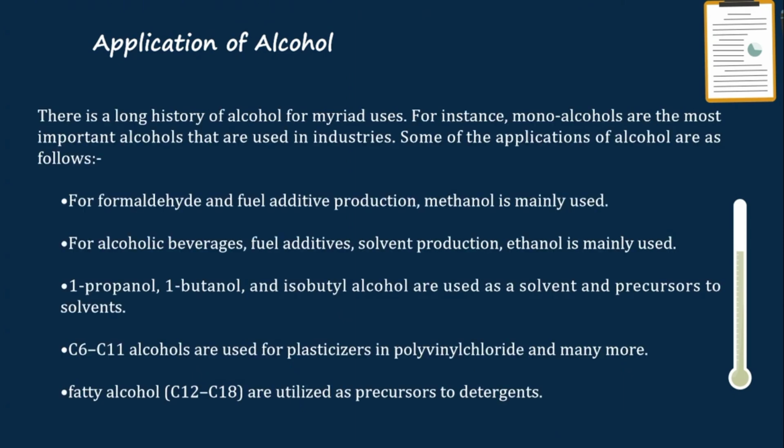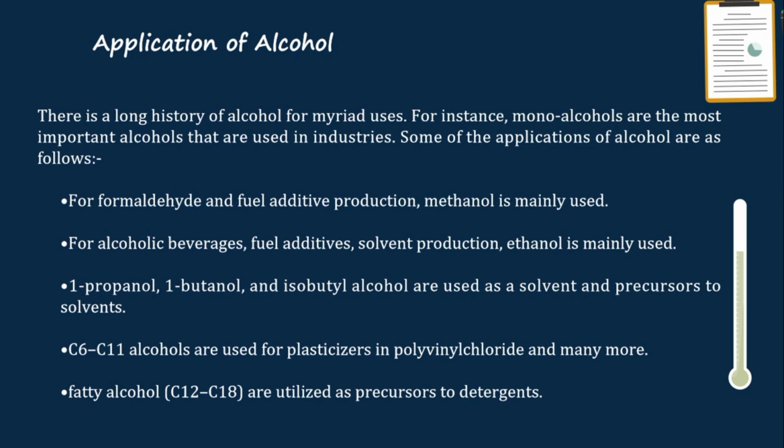We now have the applications of alcohol. There is a long history of alcohol for myriad uses. For instance, monoalcohols are the most important alcohols used in industries. Some of the applications of alcohol are as follows. First, we use methanol for formaldehyde and fuel additive production.